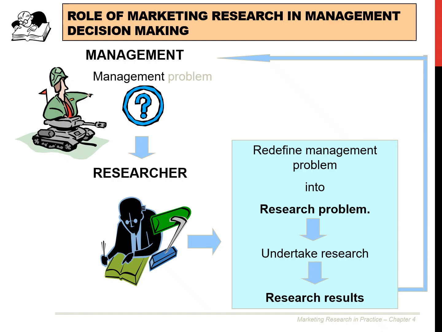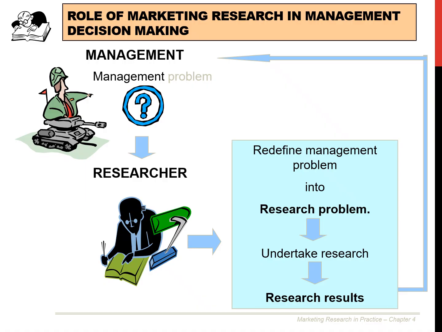For example, it could be that our sales are dropping. We need to translate that into a research problem. What is the problem which we need to research, which will assist management in solving their problem or making a decision about that problem? Sales are dropping, so why are sales dropping? We could think, why aren't people buying our product?